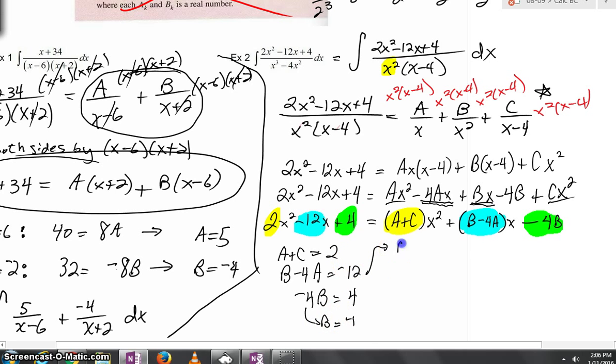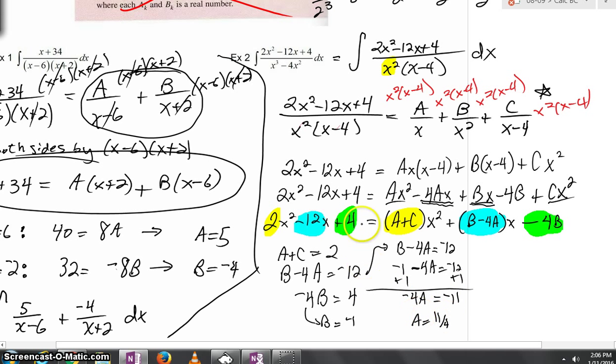Then if we take that middle equation, b minus 4a equals negative 12, let b equal negative 1. How about we add a 1 to both sides? And negative 12 plus 1 is actually negative 11. And when we divide by negative 4, we'd get 11 fourths.